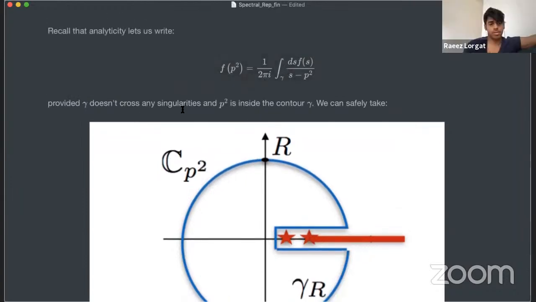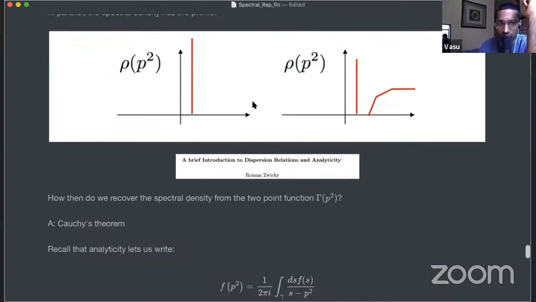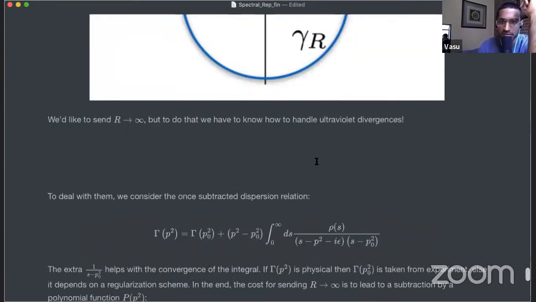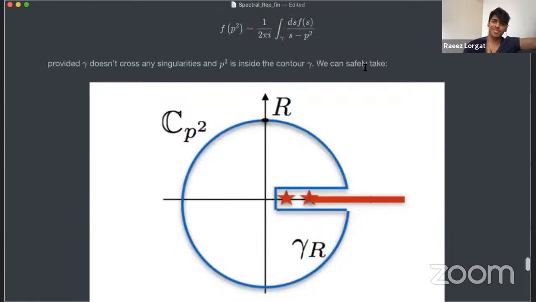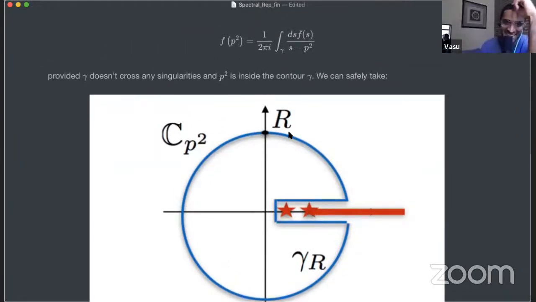We need this contour not to cross any singularities. And we know that this is what it looks like for an interacting theory. How do we know? You do some perturbative calculations in however many free field theories you like. This is by and large what the structure looks like.